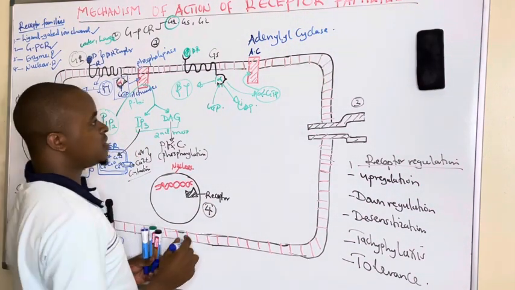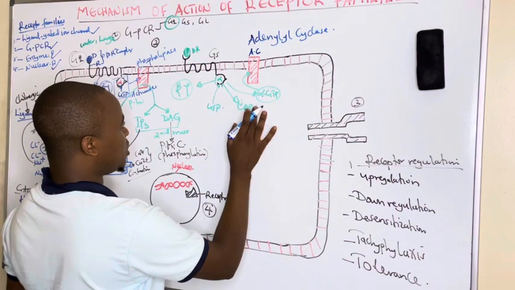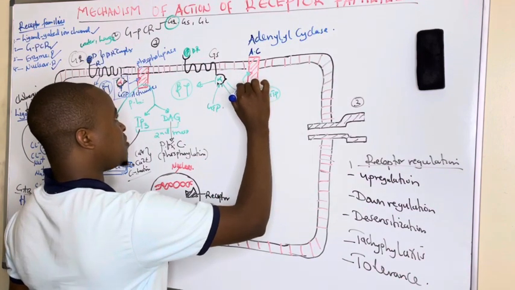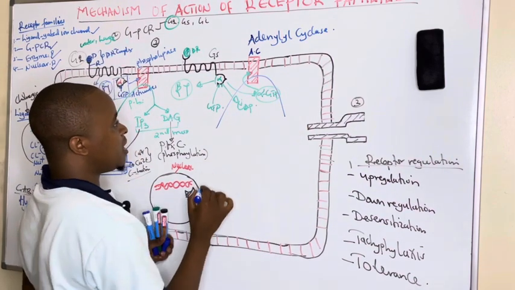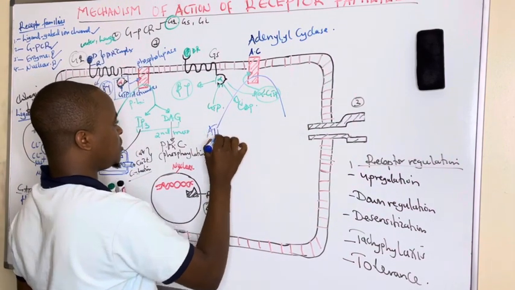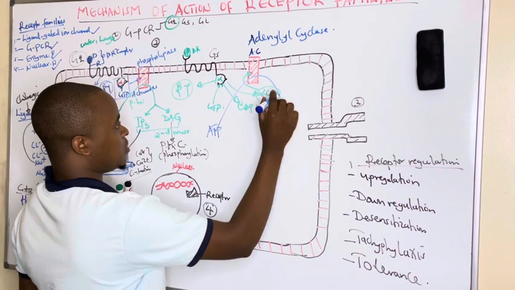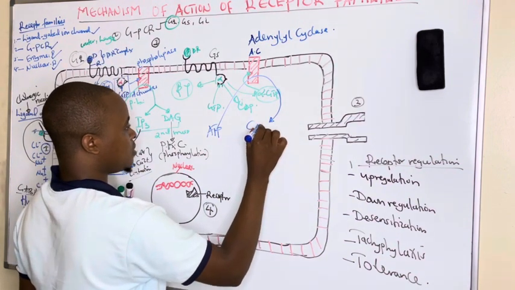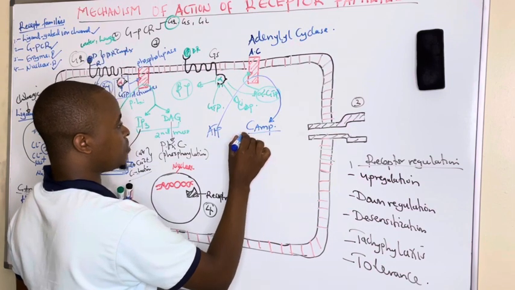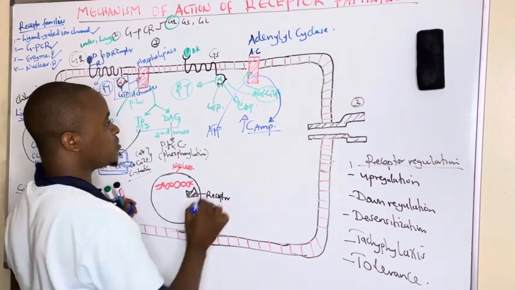After being activated, this membrane-bound adenyl cyclase is going to hydrolyze ATP, and the ATP is hydrolyzed to cyclic AMP, which we call cAMP, and this leads to an increase in cAMP levels.